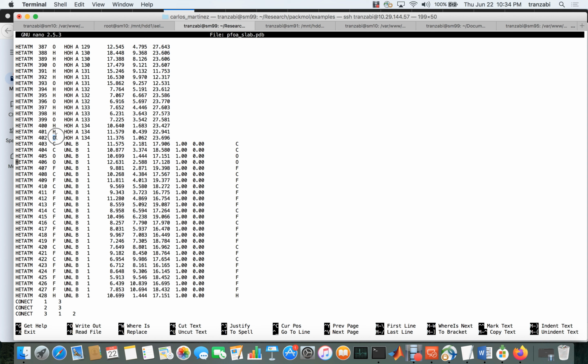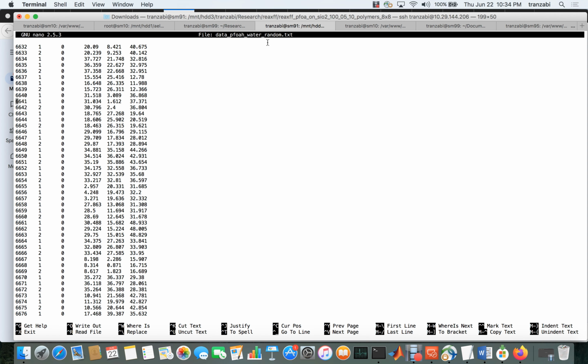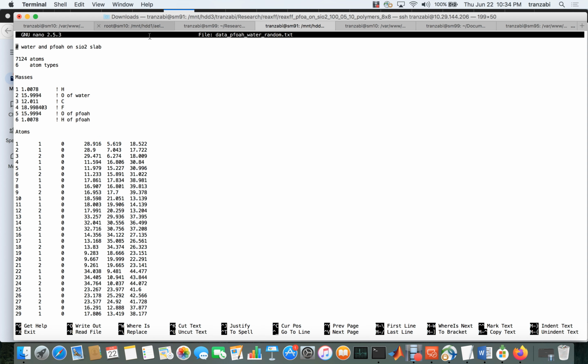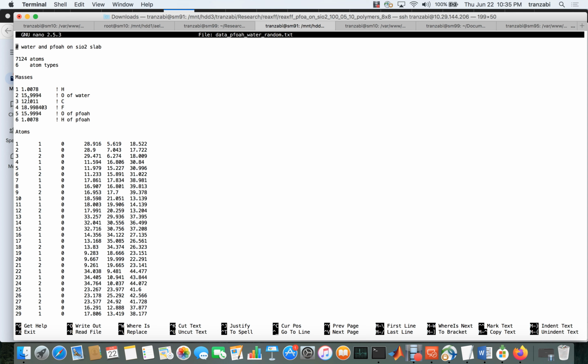According to the table we had up here, the oxygen of HOH gets type 2, and the oxygen of the one that has U and L in the 4th column is going to take type 5.